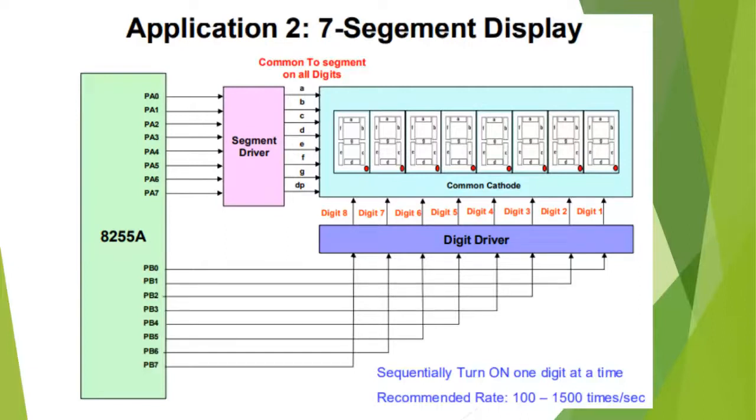What will be the control word here? Let us find the control word. So this is the 8-bit. This bit is for port C lower. Port C is unused, don't care.